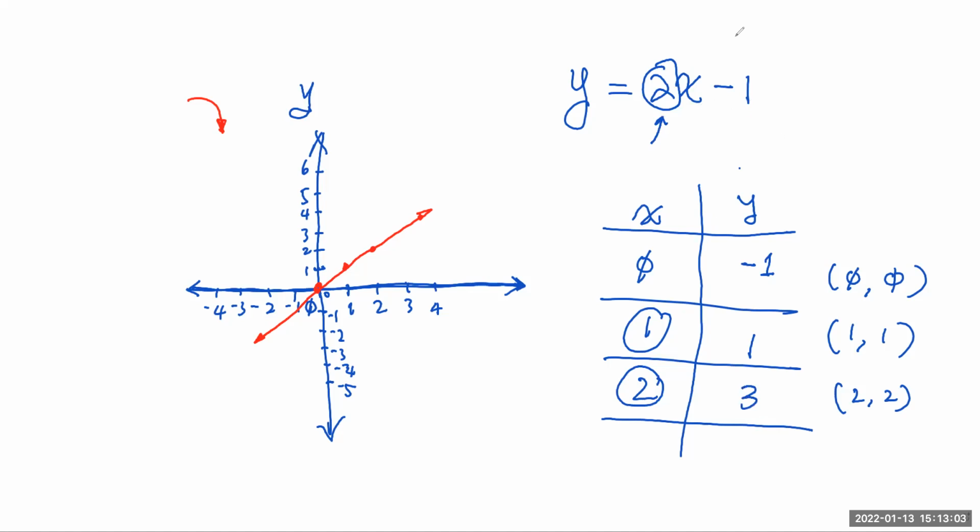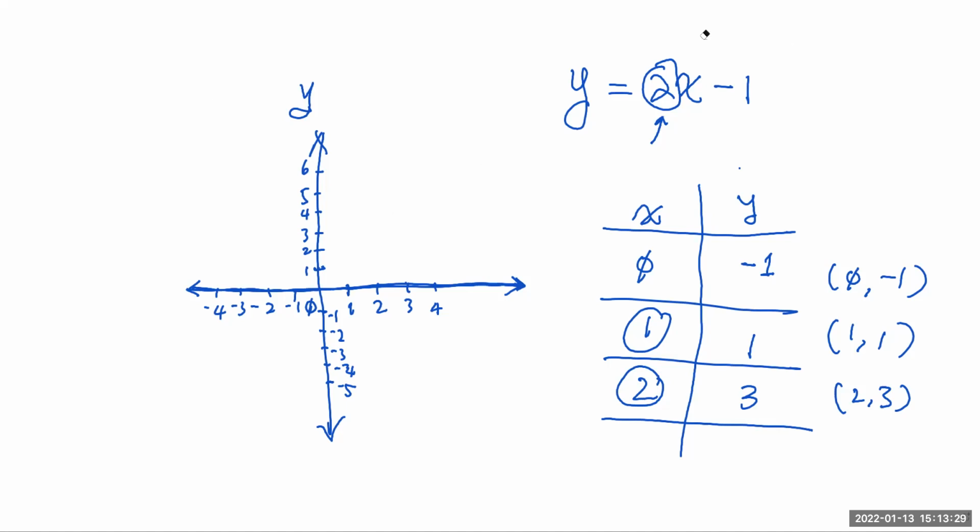So we got different coordinates this time. That would be (0, -1), (1, 1), and (2, 3). So same thing, we're going to graph it. Sometimes it's kind of hard.